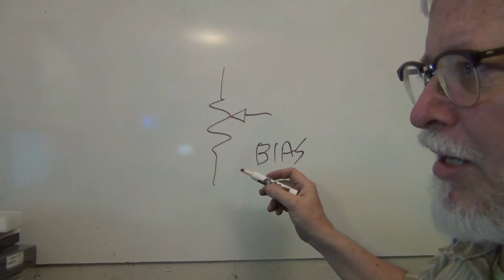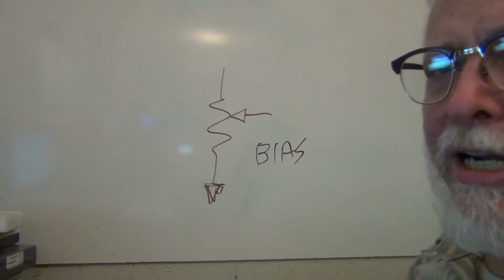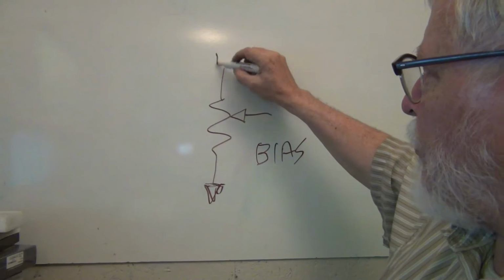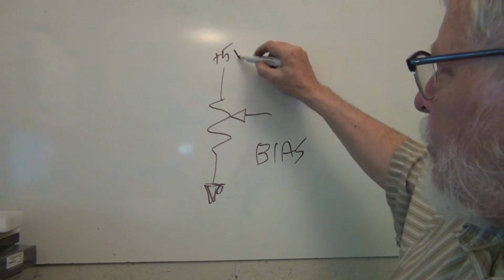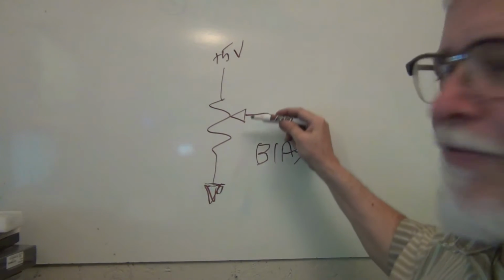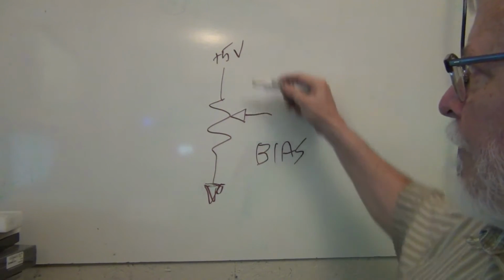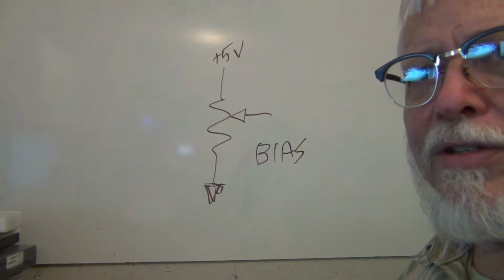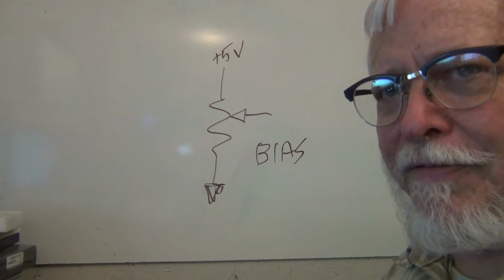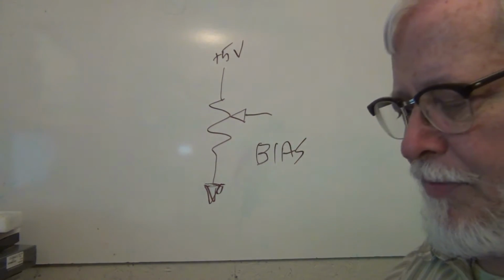In the Scanimate, most of the bias pots are connected to ground at the bottom and to either +5 or +10 volts at the top. All that means is that you get a variable voltage. So if this is at the 50% point, we're going to get 2.5 volts. Remember, all of these things on the Scanimate are controlled by voltage, so we've got to be able to adjust a bias.